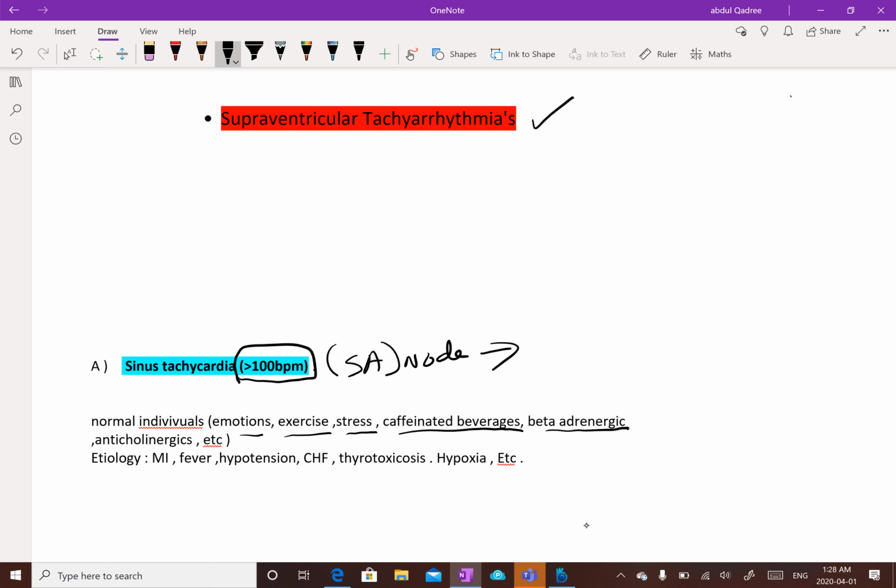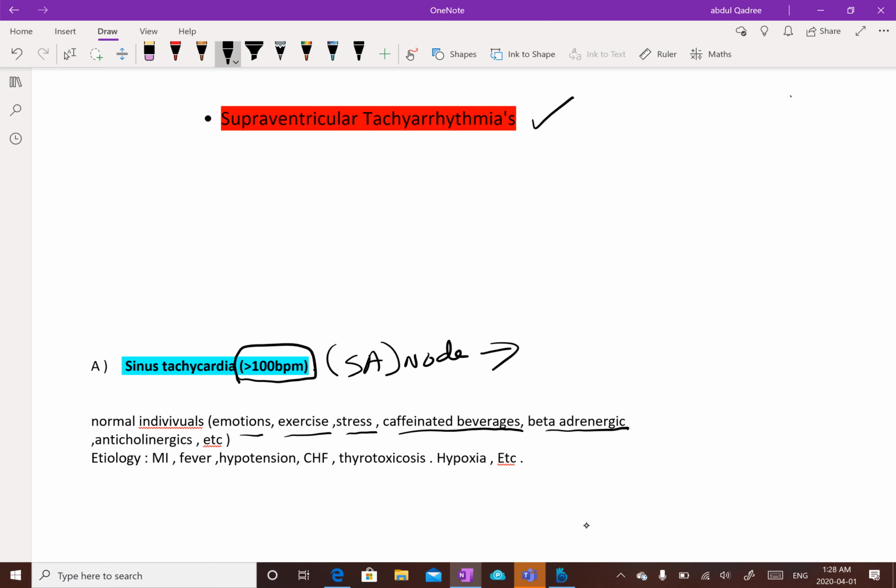However, this can sometimes become abnormal, and it can lead to signs and symptoms of palpitation, chest pain, syncope, and discomfort, like funny feelings in the chest, and possibly even dizziness and stuff like that. So this is why it's important to be able to detect a sinus tachycardia from any other abnormalities.